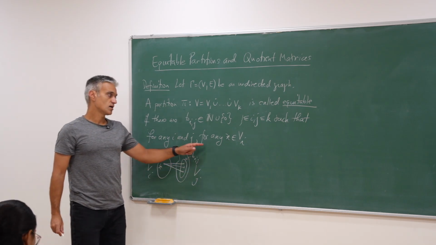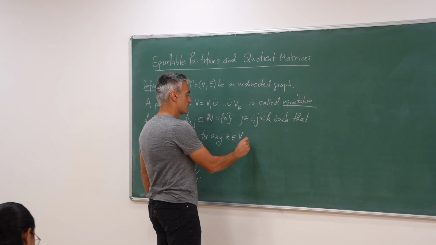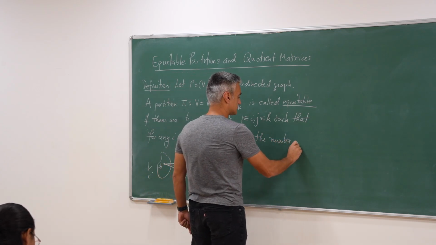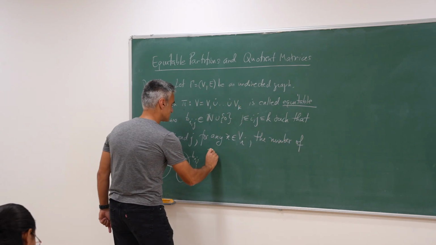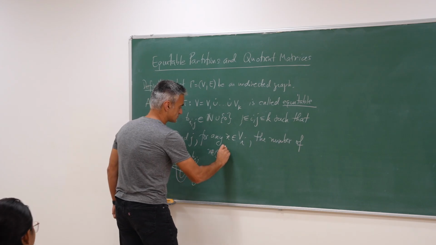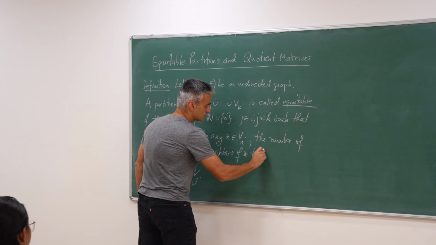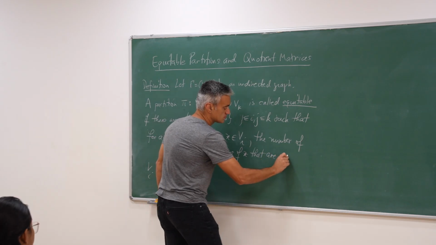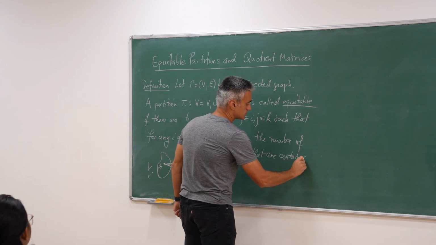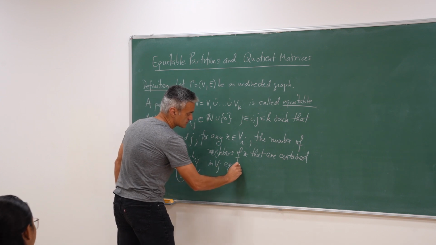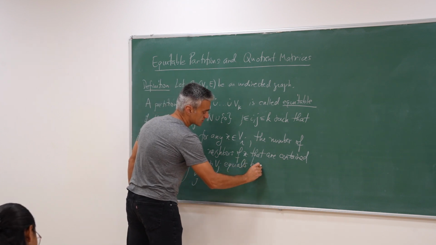So for any x, the number of neighbors of x that are contained in Vj equals bij.